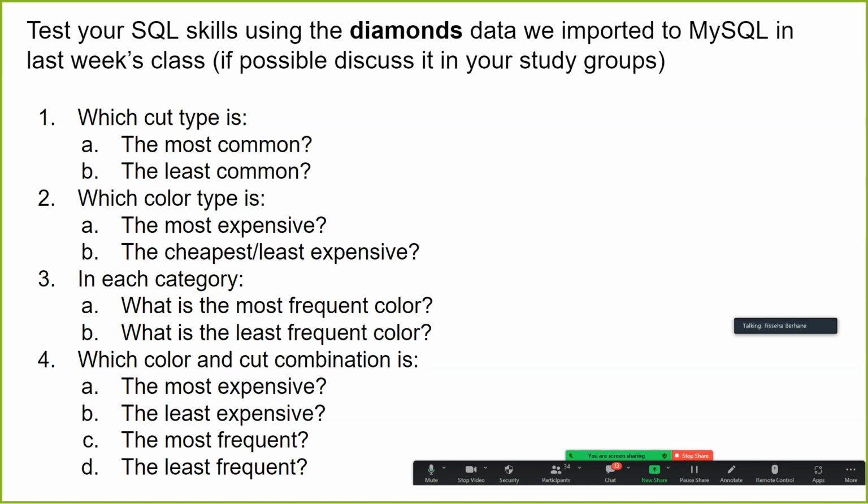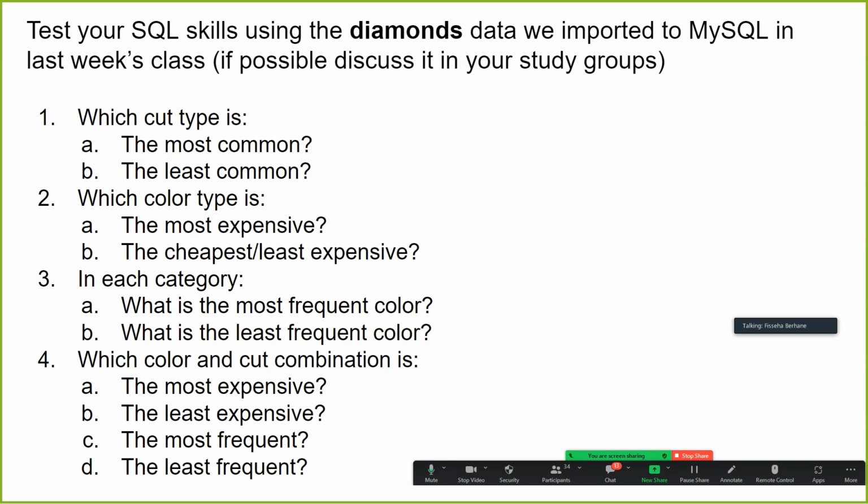I would appreciate it if you can do them in study groups and help each other. This data is about diamonds, and based on the quality of the diamond, its color and other attributes, its prices are different.